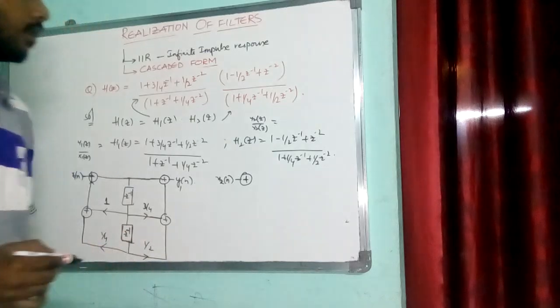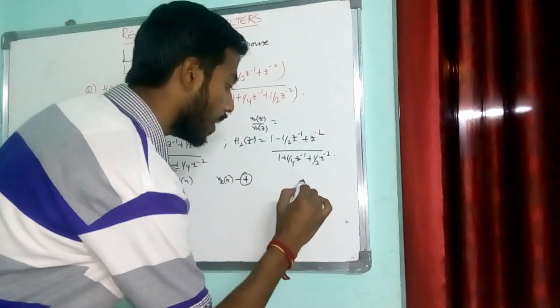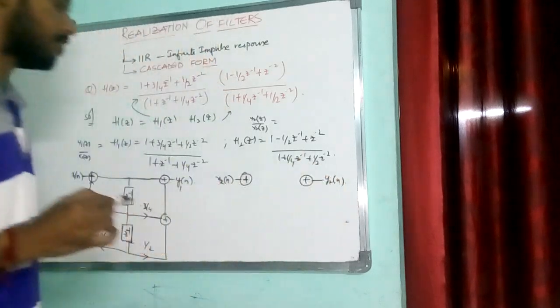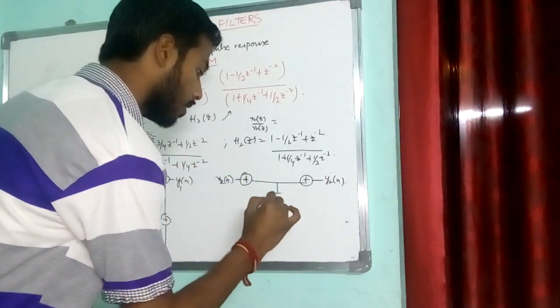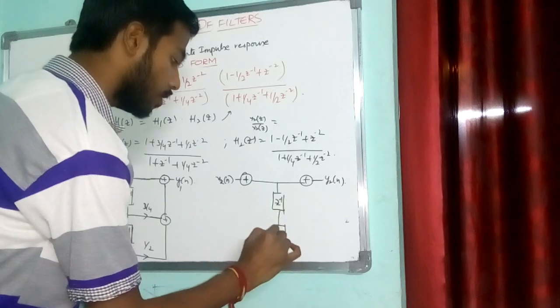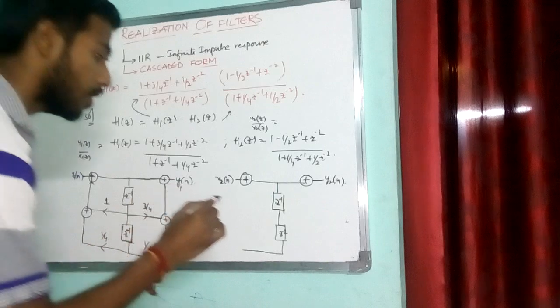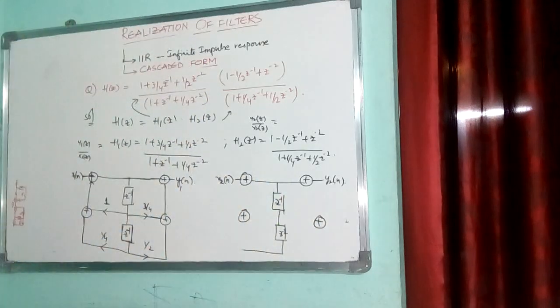So this will be y2 of z, and again one more adder here, giving rise to y2 of n. Okay. As it is z power minus 2, here also it requires two delays and two adders, right?